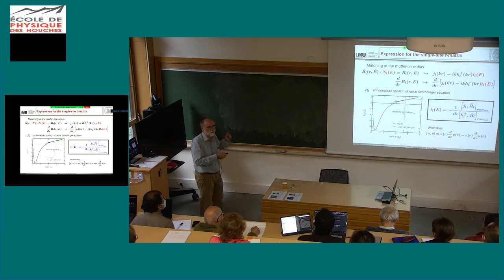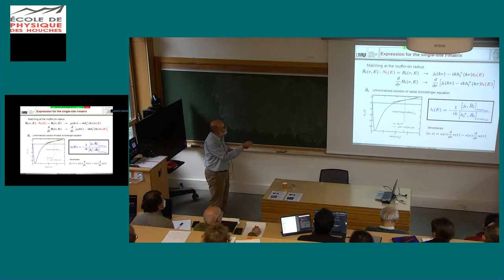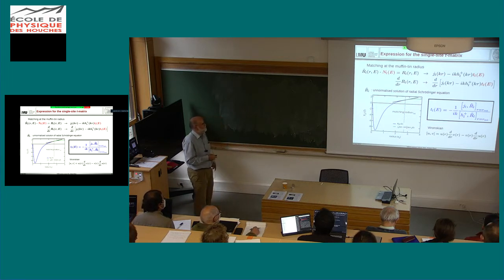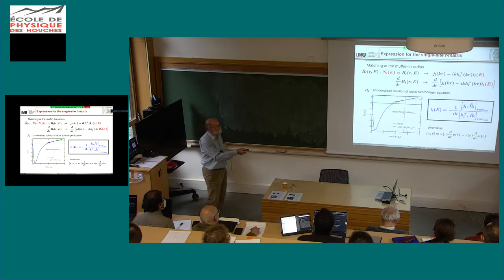So we have two boundary conditions to find the unknowns, namely the normalization factor and the T matrix, and this leads in the end to that expression you have seen before, the T matrix in terms of a Wronskian of the radial function with respect to the J and the radial function with respect to the H.